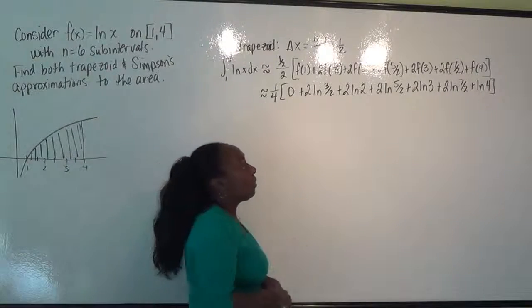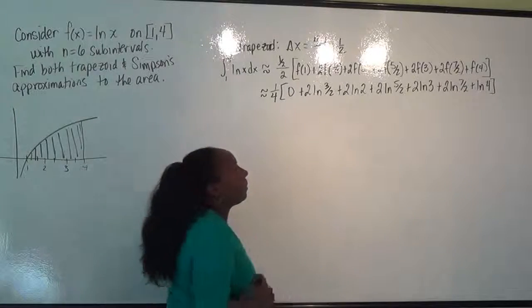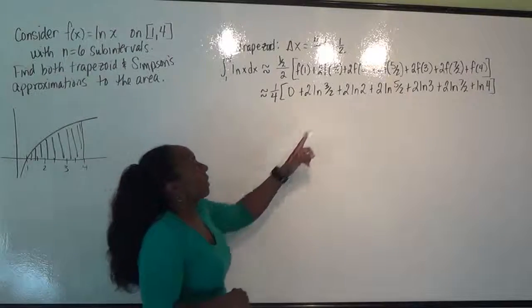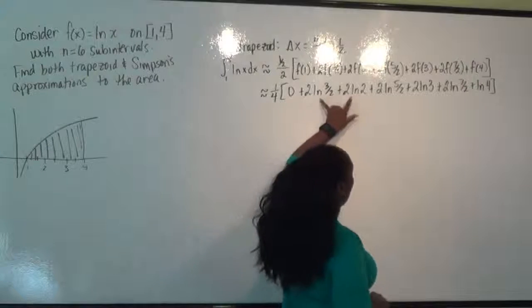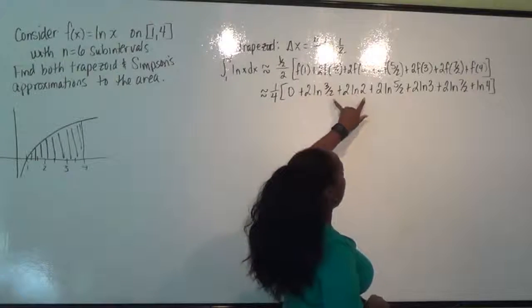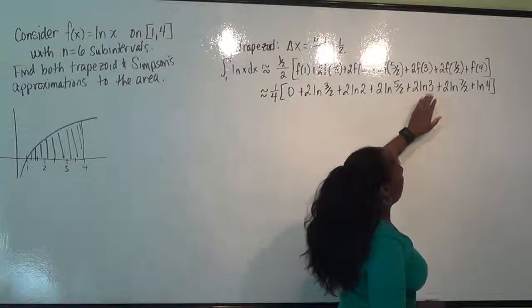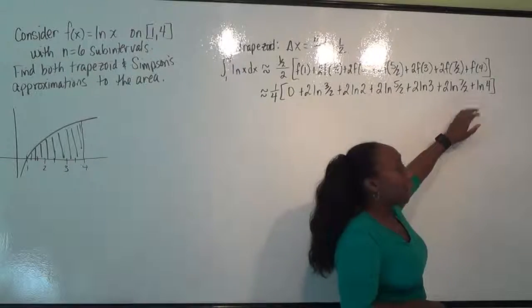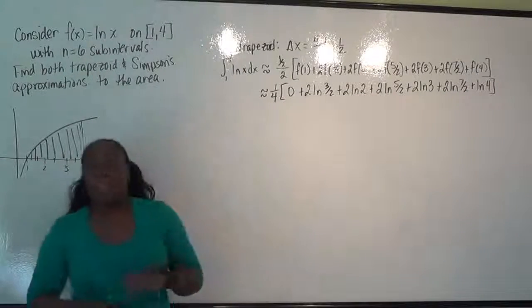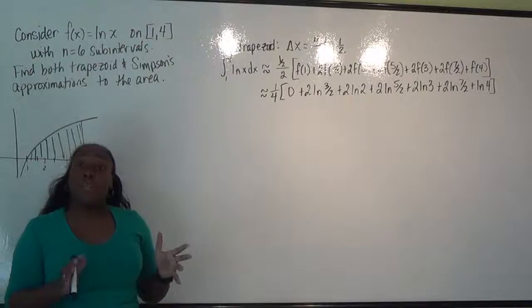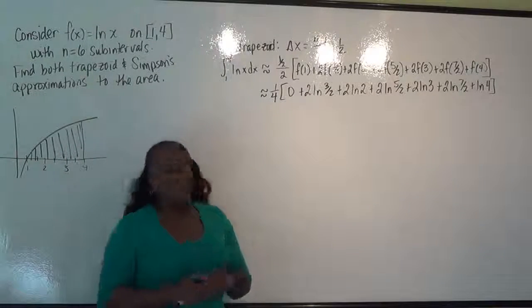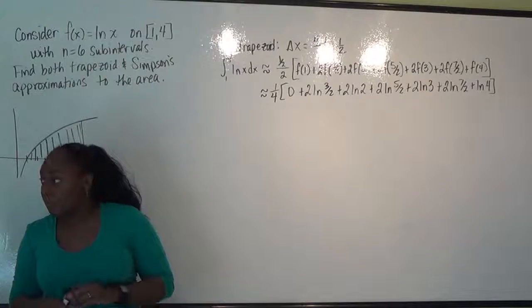Here we can use logarithm properties to add these up. When we add logarithms, we're going to multiply the arguments. So 3 halves times 2 times 5 halves times 3 times 7 halves. And then for that last term, you can pull out as 2 ln of 2, so we'll multiply that last one by a 2.